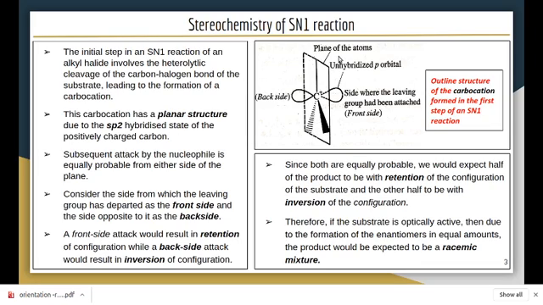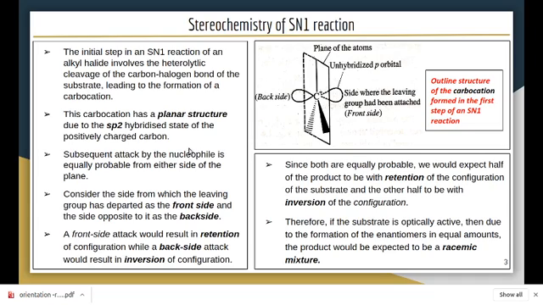This is the plane of atoms. Then there will be one unhybridized p orbital. This is the sp2 hybridized planar structure for the carbocation.